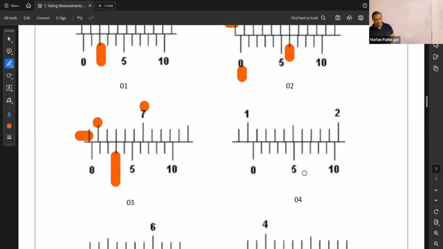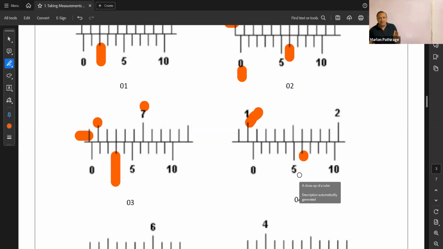And then the fourth one, we can read it up to 1. That means the main scale reading is 1, which means 10 millimeters. 10 plus this one, that means 6. 10 plus 0.6, that means 6 into the least count, which is 0.6 millimeters.